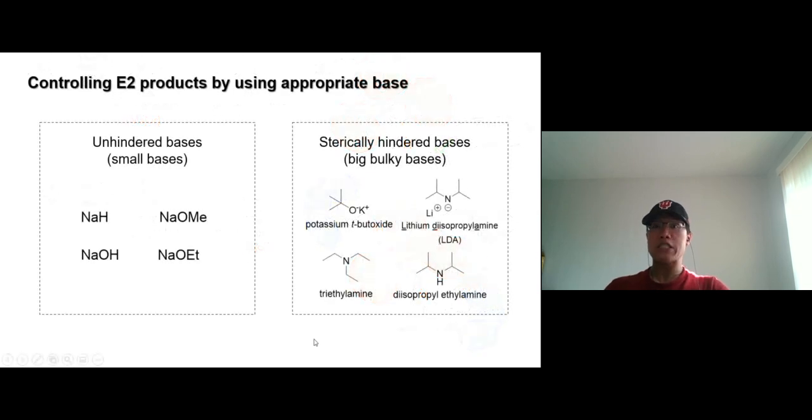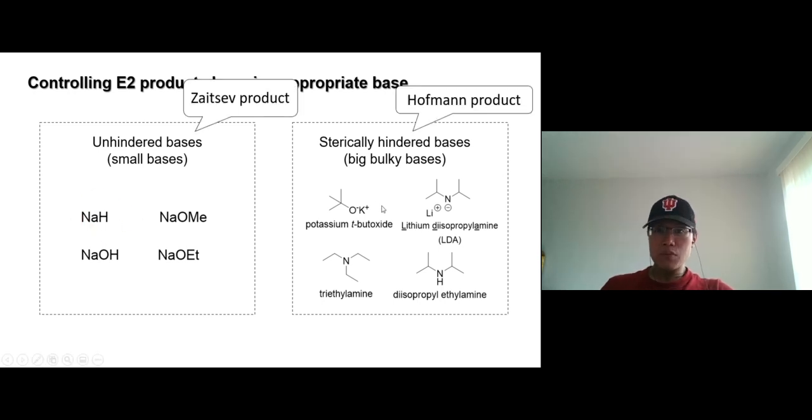So here's how you select what base to use based on what product you want to get. Do you want the more substituted alkene or the least substituted alkene? If you want the more substituted alkene, you take a small base: sodium hydride, sodium methoxide, sodium hydroxide, sodium ethoxide. These are like alcohol and water, and sodium hydride; you're going to see it quite often. The big bases favor the Hofmann product, the less substituted alkene.